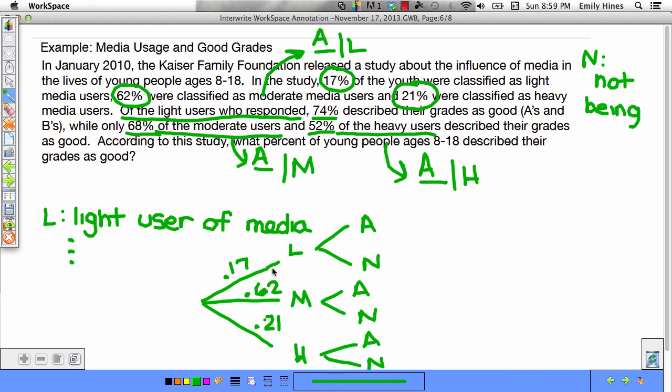Notice how all 3 of these add up to 1. Anytime you have a set of branches, you want it to add up to 1. So like I want these 2 branches to add up to 1 because that tells me that that's 100% of the light users classified as either this one or this one.